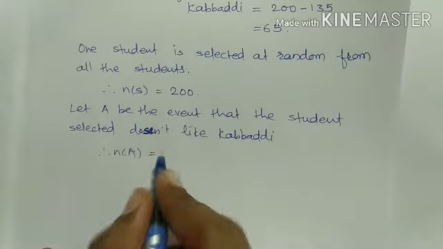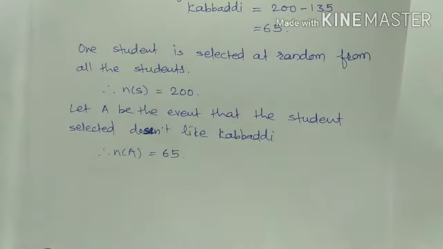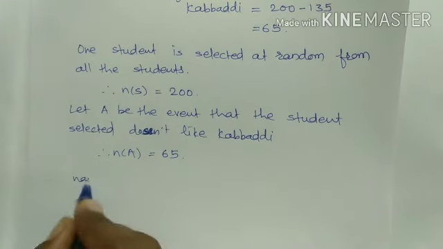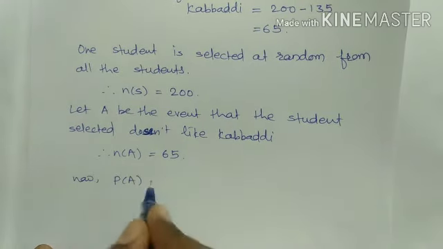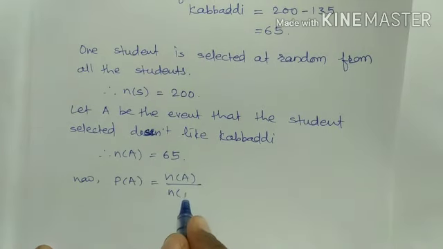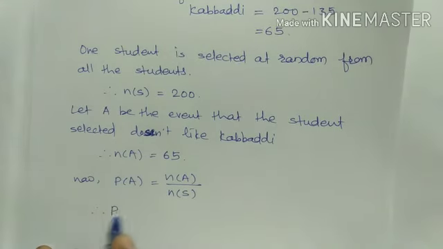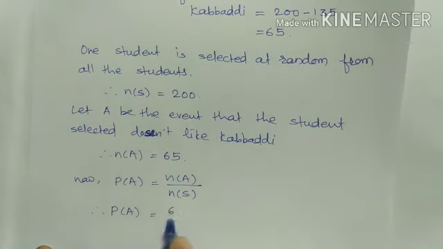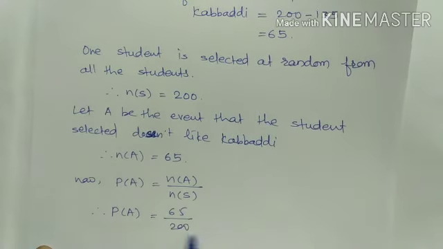Therefore number of A equals 65. Now we have to find the probability of this event. Probability of A equals number of A upon number of S, and therefore the probability of this event A equals 65 upon 200.